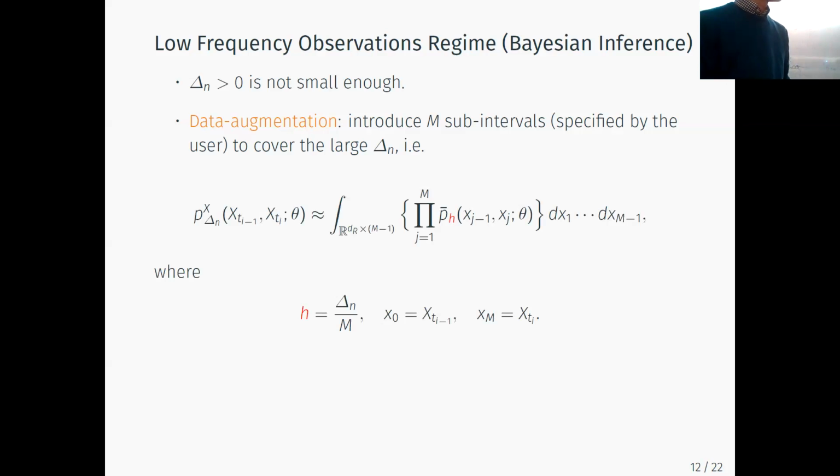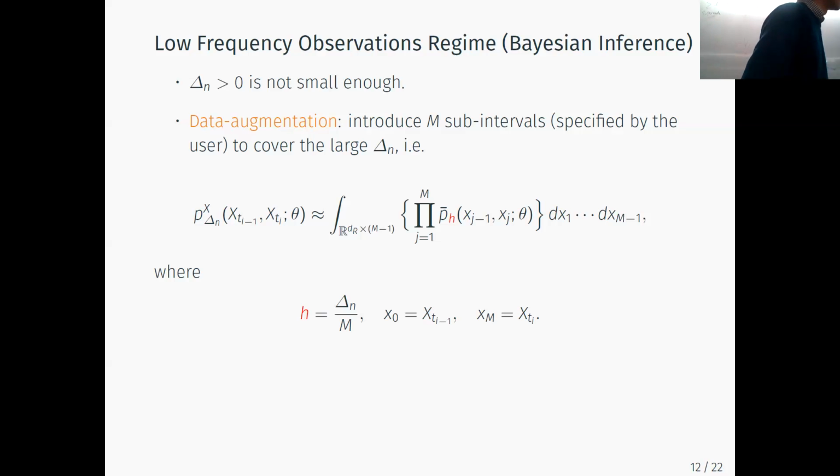Mathematically, I will explain that. We always have in mind that there exists some transition density, but now delta n is not small. The left-hand side is approximated by introducing m minus 1 intermediate points. That is kind of a simulation by the user.